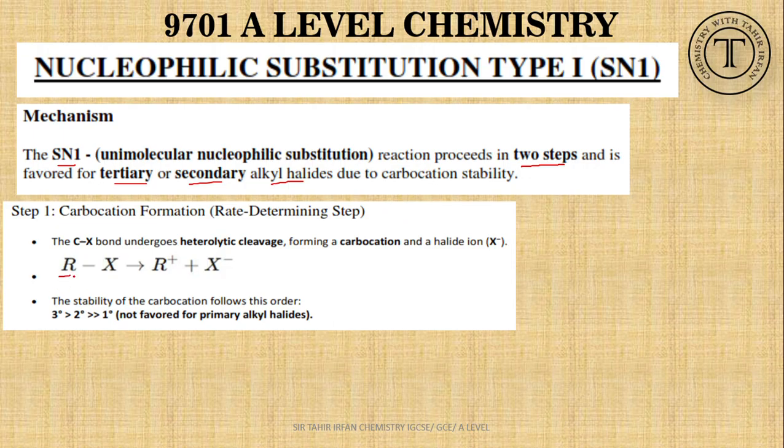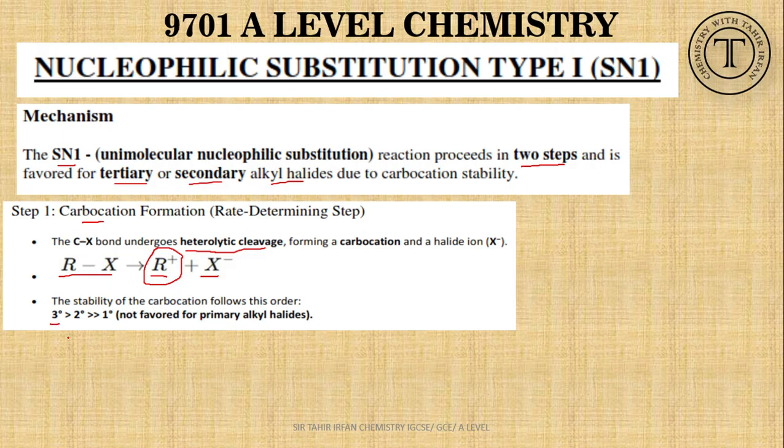You can see alkyl halide, it is broken up into positive and negative charges, heterolytic cleavage, because one species took negative charge density and the other species is positively charged. This is called a carbocation. Then the stability of carbocation follows this order.